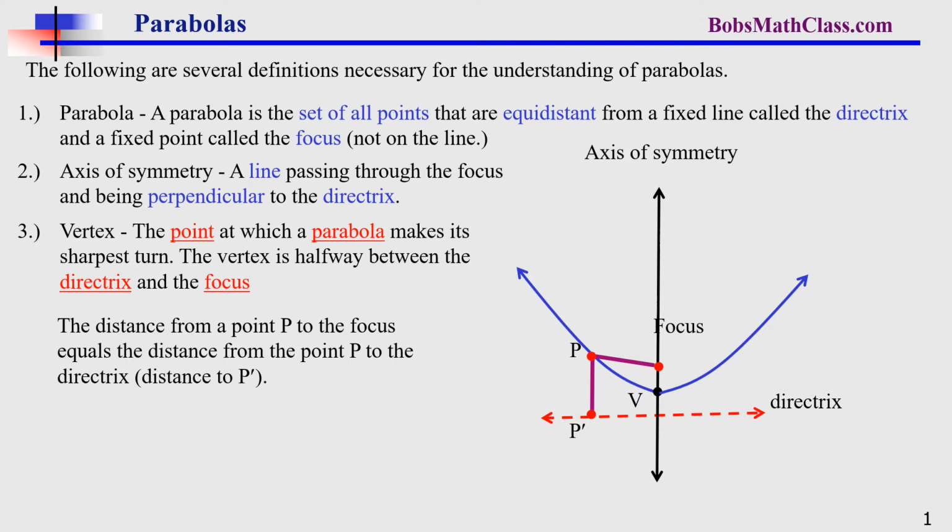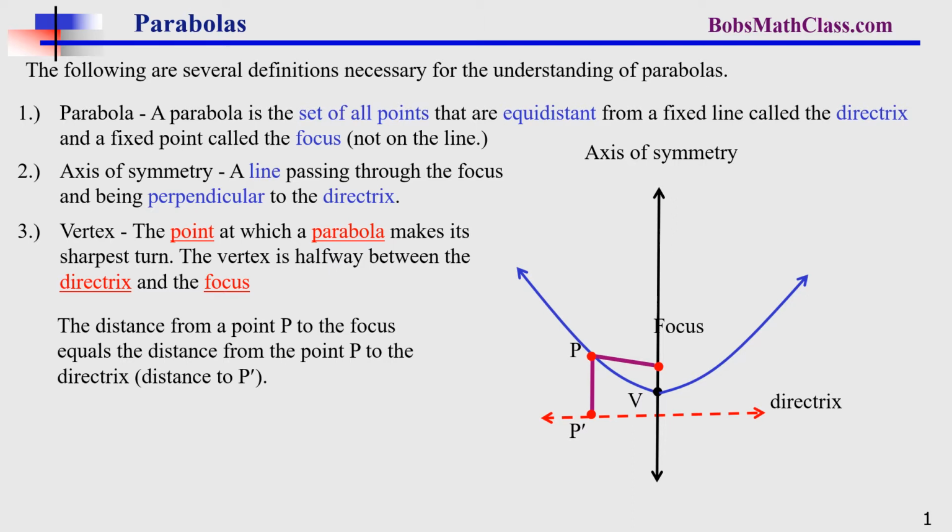So the idea here is that if we take a point P that's on the parabola, whatever the distance is from the focus to that point P is the same distance from that point P to P prime on the directrix. So if it's 4 units from the focus to P, then it's 4 units from P to P prime.